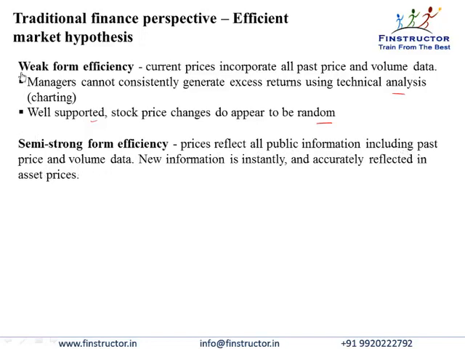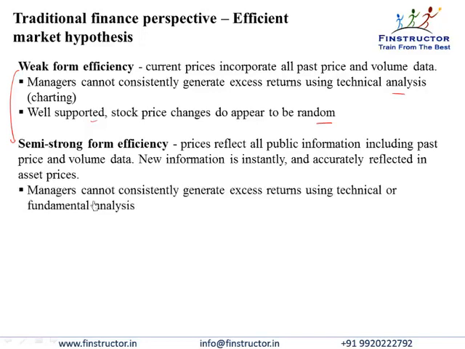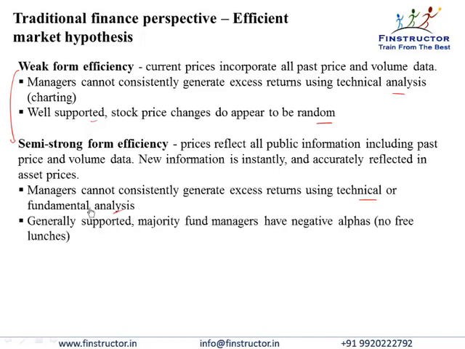So it does incorporate the weak form as well, and it says that new information is instantly and accurately reflected in the stock prices, as we studied in the Bayes theorem and other methods through which investors analyze and update the information. So managers cannot generate excess returns using technical or fundamental analysis. Both are useless. Even the semi-strong form of market efficiency is generally well supported.